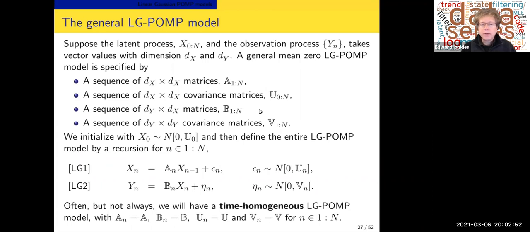Here I've written it down with An, Bn, Un, and Vn depending on time, but often, not always, we'll have a time homogeneous situation where An is just A, Bn is B, Un is U, and Vn is V. So there's our model.